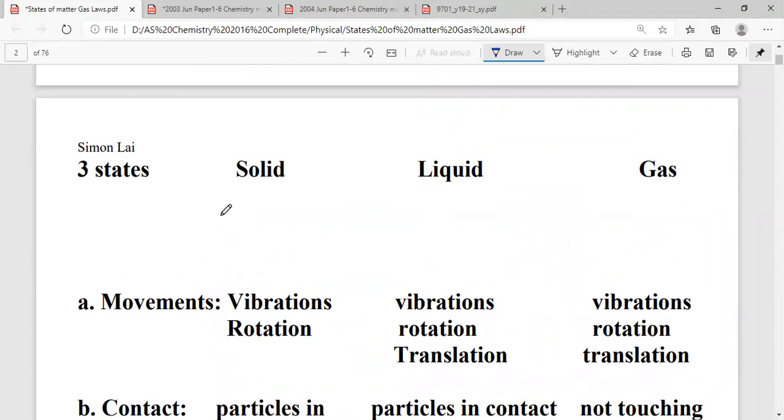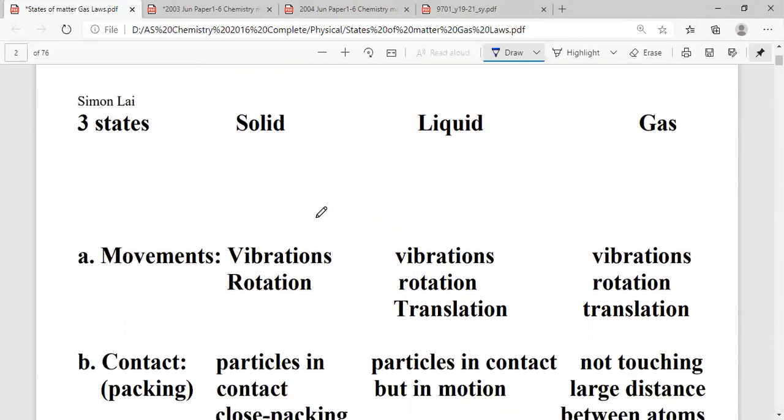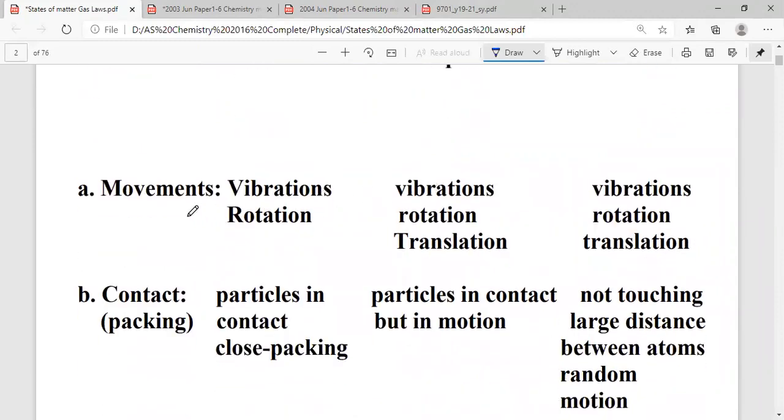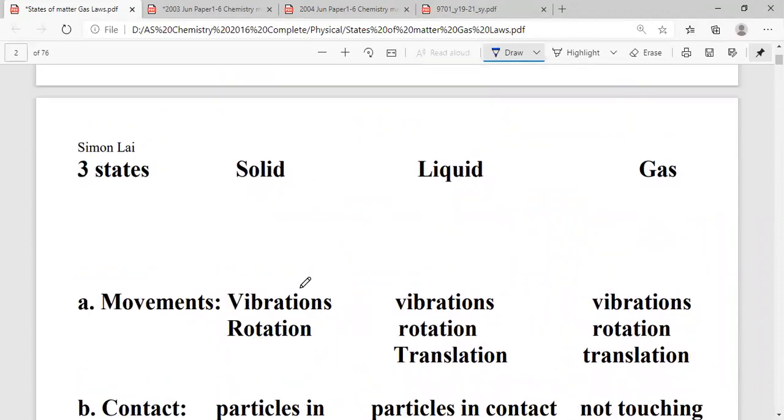Whether in solid, liquid, or gases, they will have certain theories about them, certain assumptions. First, of course, motions. In Form 5, all the solids they just rotate. Some people say vibrate, but they don't move. You see, they are stationary.